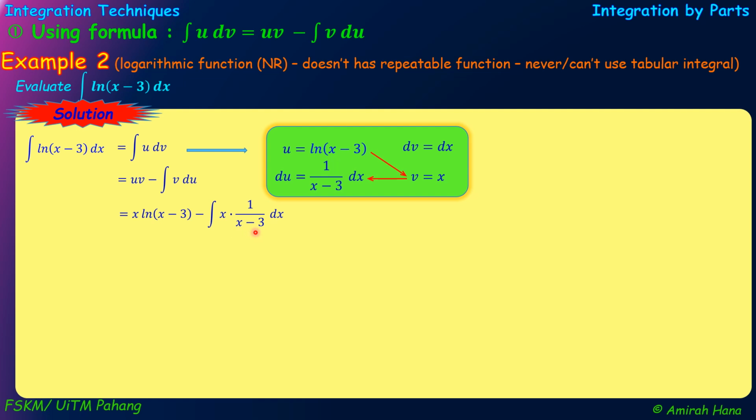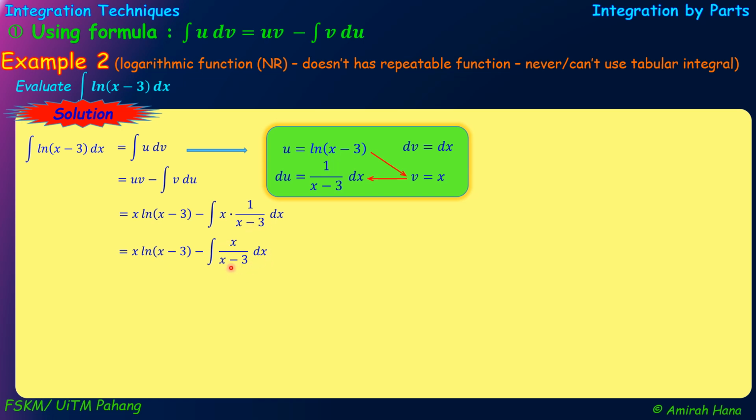We have a subtraction operation here, so we cannot simplify. So we have x ln(x minus 3) minus the integration of x over x minus 3. We also cannot move a variable out of the integration sign; we can only move out a constant. So now we have x over x minus 3 dx.